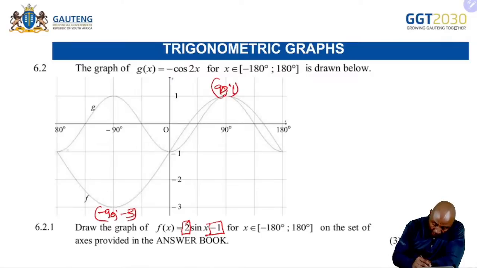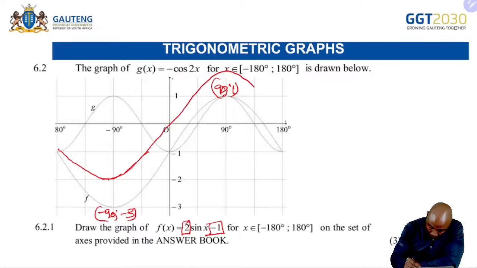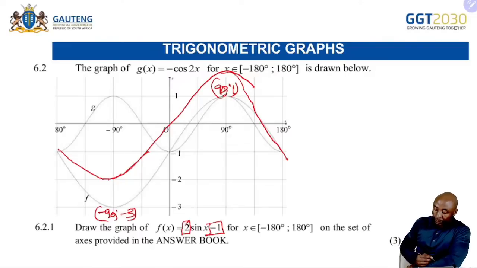Remember, the graph was supposed to look like the graph of sine x, of 2 sine x, then it comes down like that.